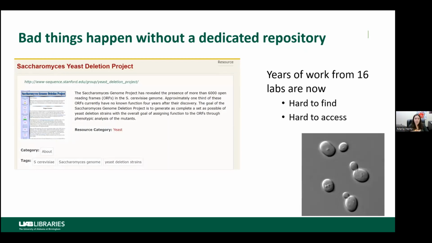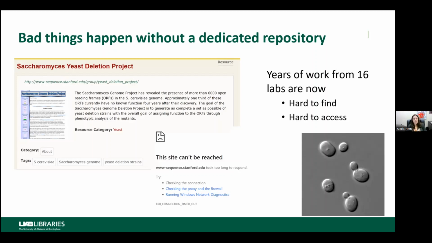And they have lots of publications about it, and we found a lot of really cool information. However, they also had a link to this website that was hosted by Stanford, and you could go in and you could get information about specific primers and things like that. And that link is now dead.